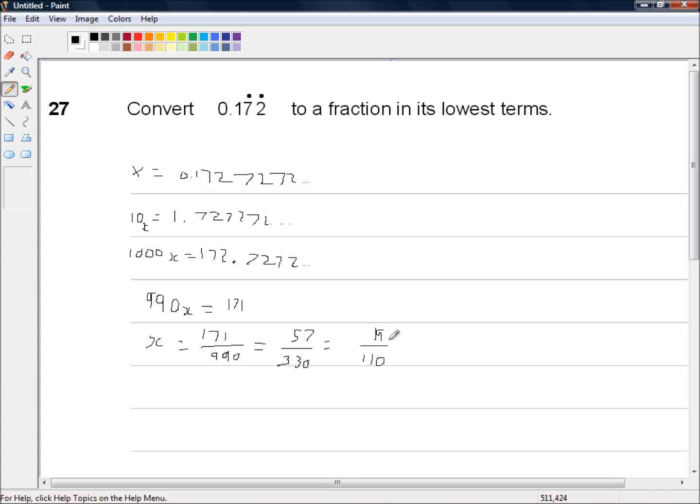The answer will be bigger than 5 and less than 6, so it will be a decimal, not a whole number. So no, 19 will not go into 110 evenly. So this is the lowest form that we've got.